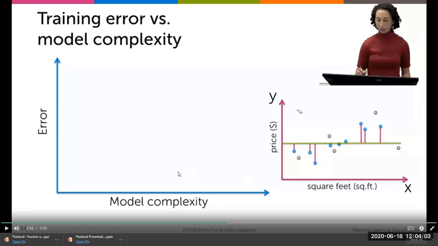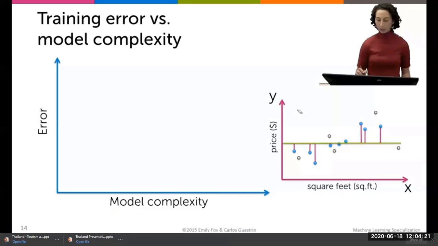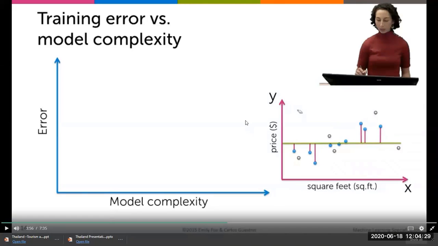So that's what she's going to discover here. As we increase the complexity from, say, linear to higher order polynomials, as we keep going to the right, what's going to happen to the error? But she's going to point out that that's happening within the training data. So we have to remember that. We're thinking about this in the context of the training data. So anyway, let's see what she says.